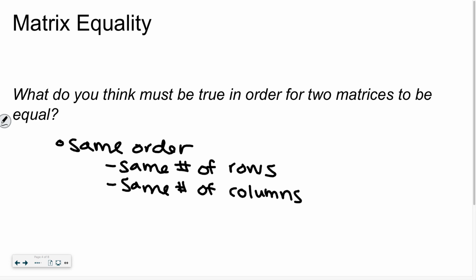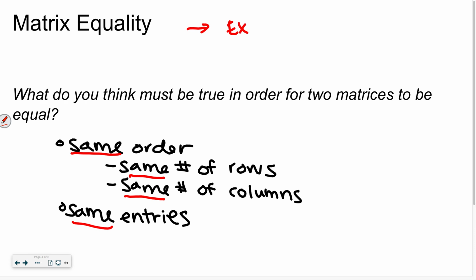Same entries. The word that keeps coming up is same. So in order for two matrices to be equal, they have to be exactly the same. They've got to be the same size, same order, and not only that, but their entries have to be the same.